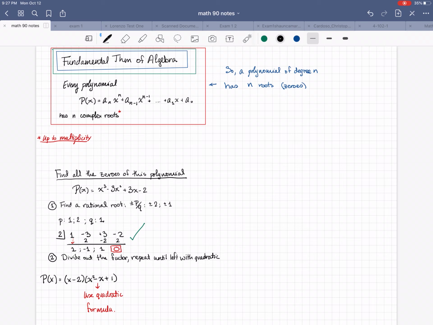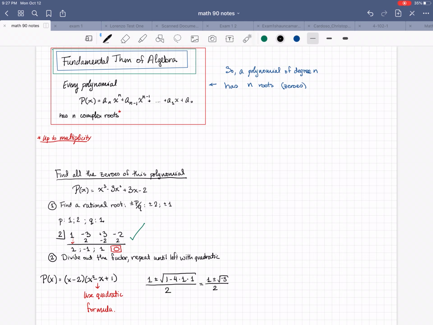So -b would be +1 plus or minus the square root of b squared, which is 1, minus 4 times A times C, all over 2A, which is 2. So look, here you have 1 minus 4 times 1 times 1, which is just 1 minus 4, and that's -3. So we have 1 plus or minus square root of -3 all over 2.